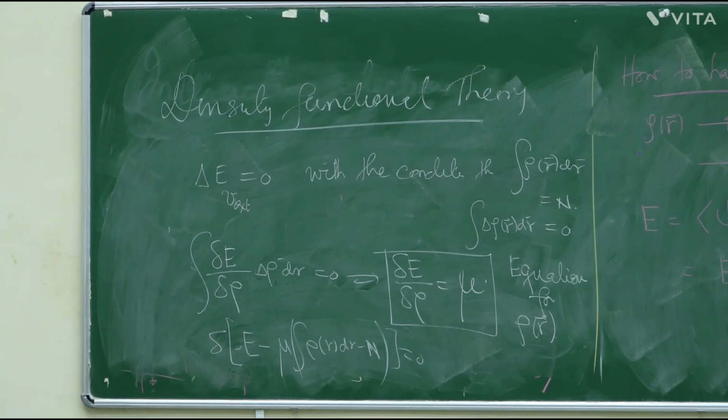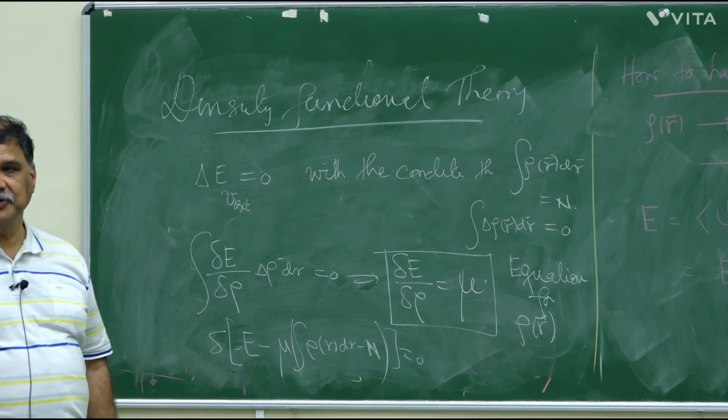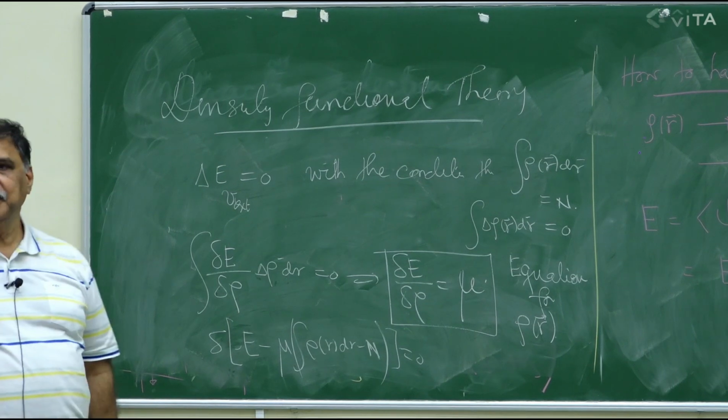I still do not know what E[rho] is, but I have now proved a very powerful theorem that if I knew this, I can calculate the density directly. I still don't know how to map from that density to the Hamiltonian. I don't know how to map from that density to the wave function, but I am developing the machinery.